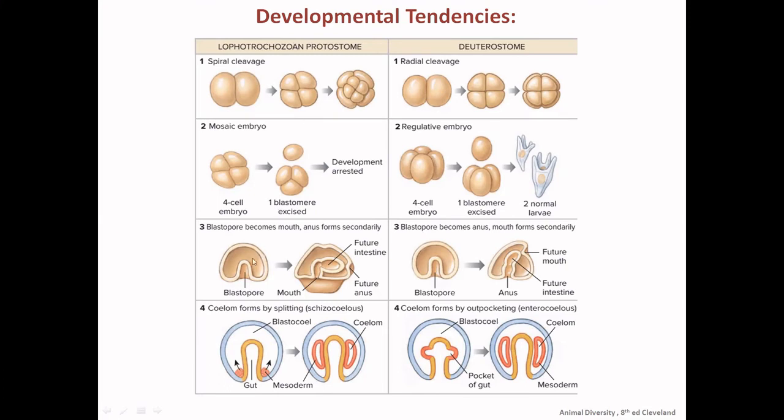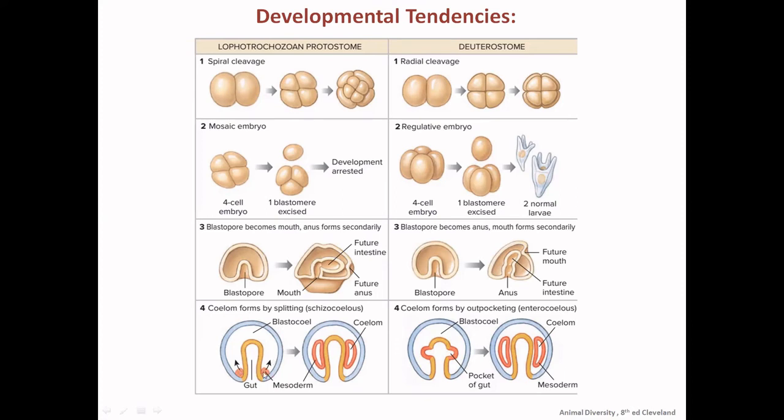Okay. Next is the blastopore. In protostomes, the blastopore develops into the mouth, and the anus develops from an opening that is developed later on the opposite side of the mouth. In deuterostomes, the blastopore develops into the anus, and the mouth is the part that forms opposite to the blastopore. Then in protostomes, it is the schizocoelom, which is also a true coelom.